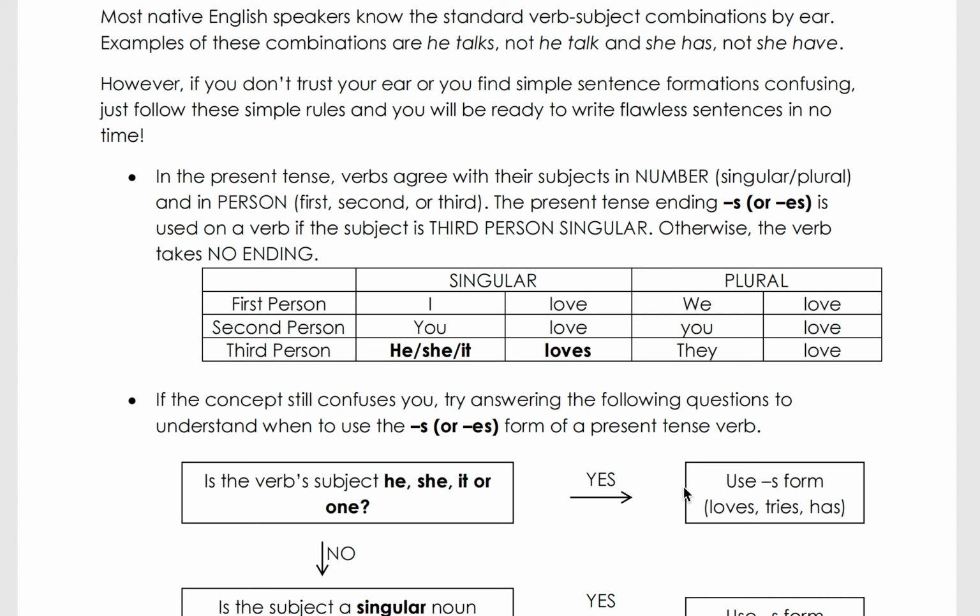For most verbs you only need to add s. And if you find have and has, you need to choose has for he, she, and it, but you choose have for I, we, you, and they. So that's the basic rule.